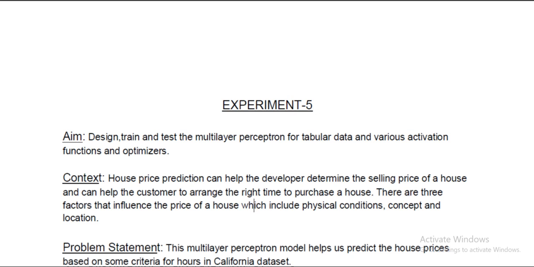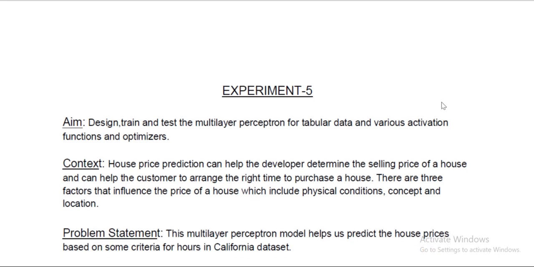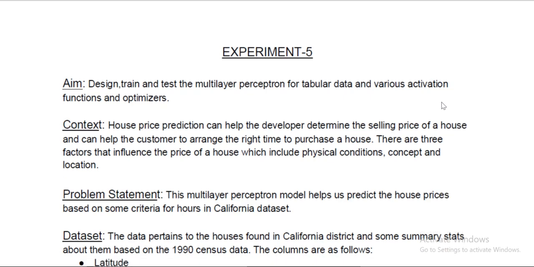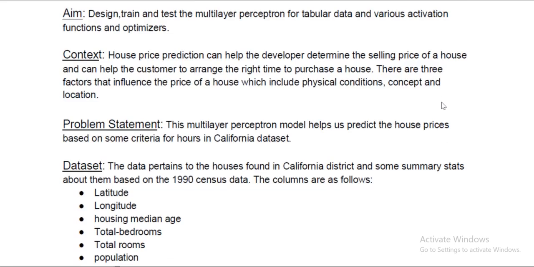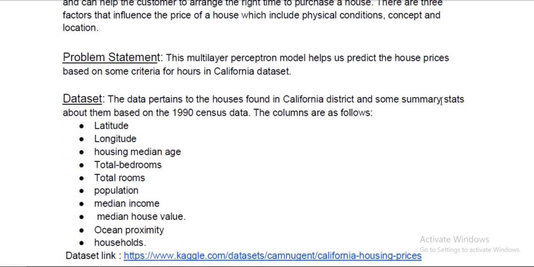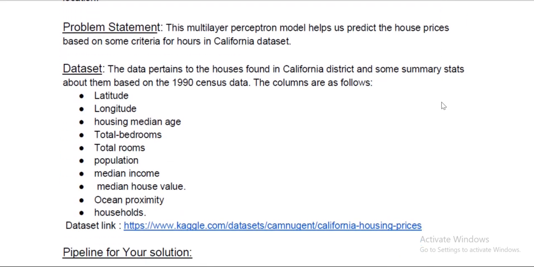Now the problem statement is we have to design a multi-layer perceptron model which will be able to help us predict the house prices based on certain criteria using the California housing data set. I will provide you with the data set when we do the lab.